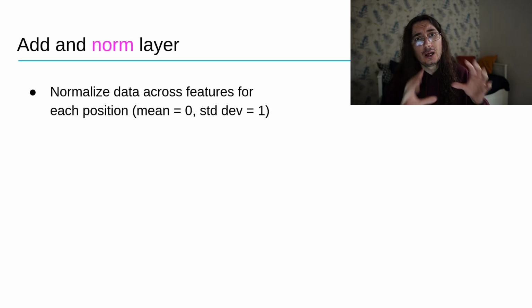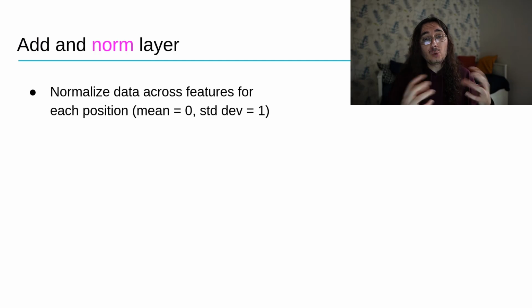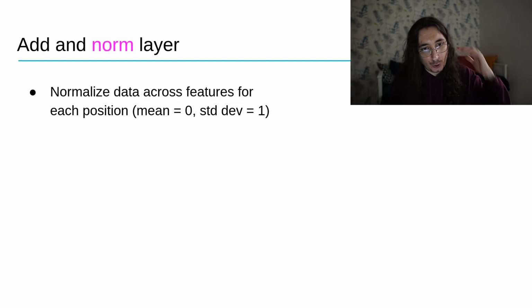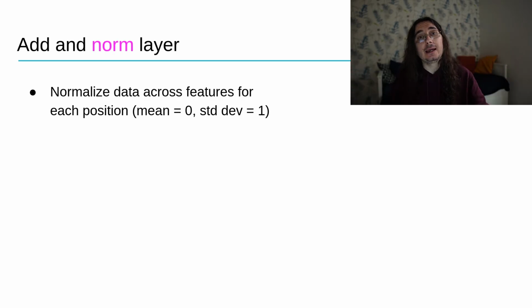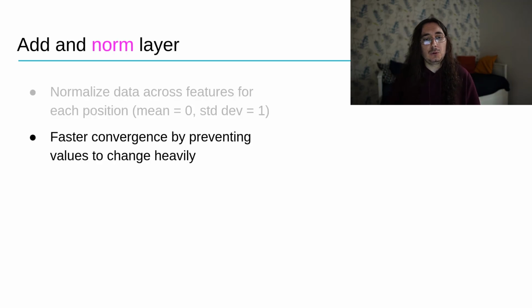And then we have the norm part of this add and norm layer. This norm part normalizes the data across all the features in the embedding for each position, for each word. Basically, we take the relative embedding and then we apply normalization so that we get a mean equal to 0 and a standard deviation equal to 1.